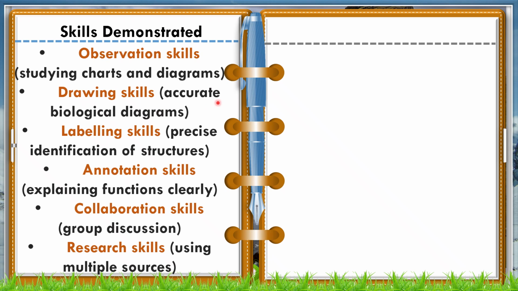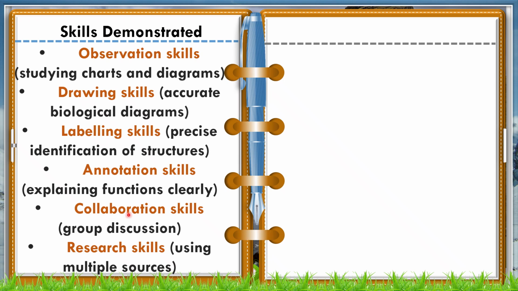Here you accurately draw the biological diagrams. And then there is the labeling skills, precise identification of the structures, and you label them. Annotation skills, explain the functions clearly.